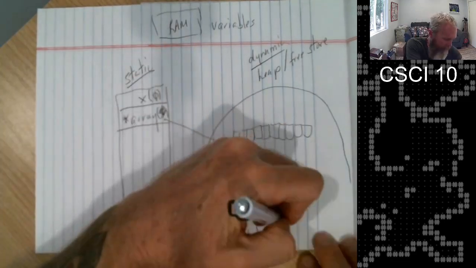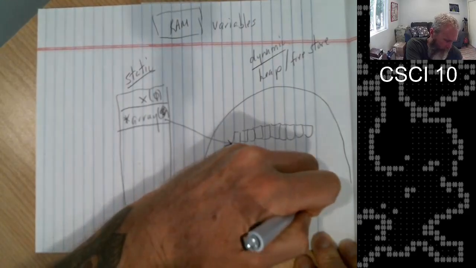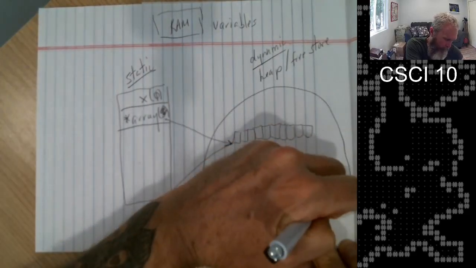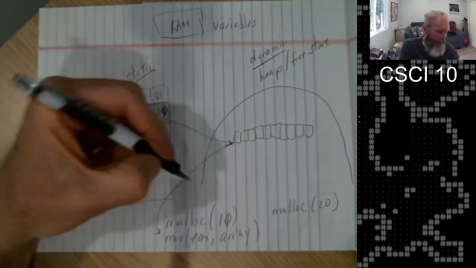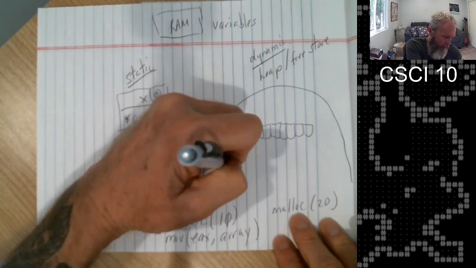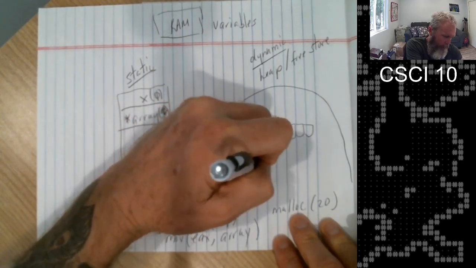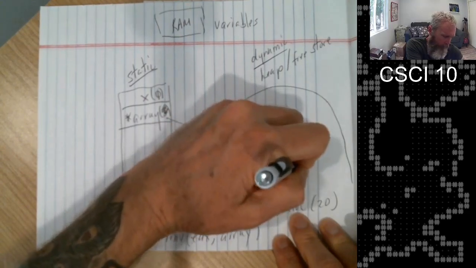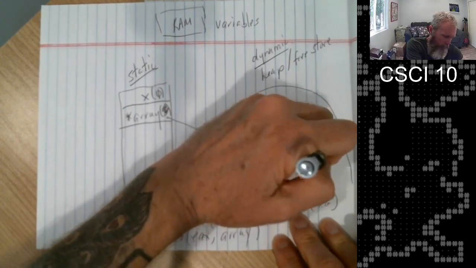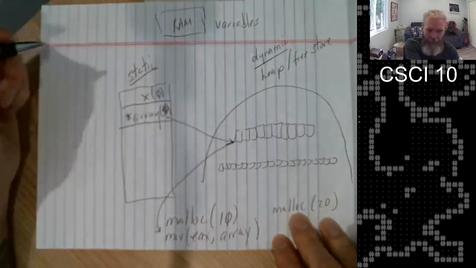Now if I do another malloc right after that, let's say I malloc 20 this time, then I get 20. That's miserable to write.